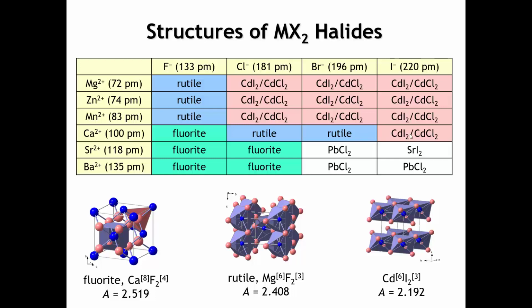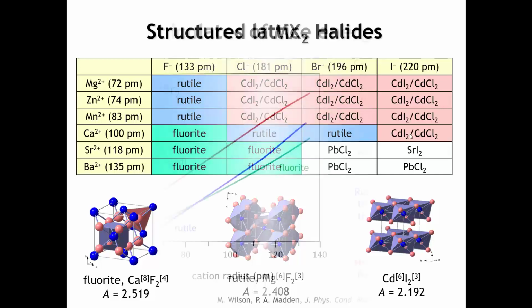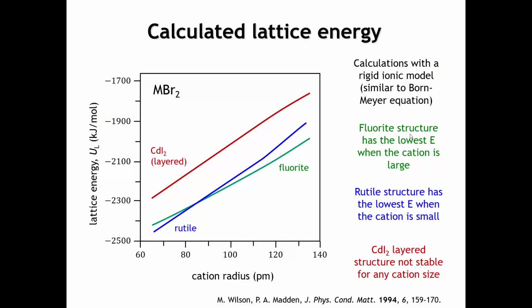So let's concentrate on the fluoride compositions in this table, and we see that for small cations we have the rutile structure, for large cations we have the fluorite structure. Here I'm going to show a graph from what now is kind of an old paper by Mark Wilson and Paul Madden.